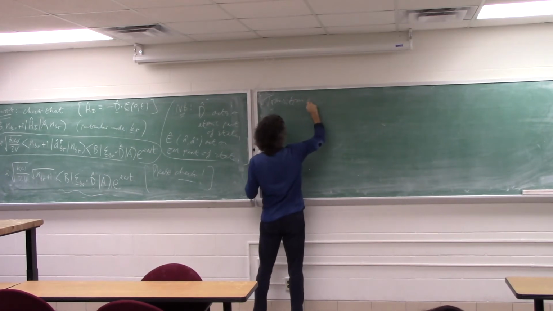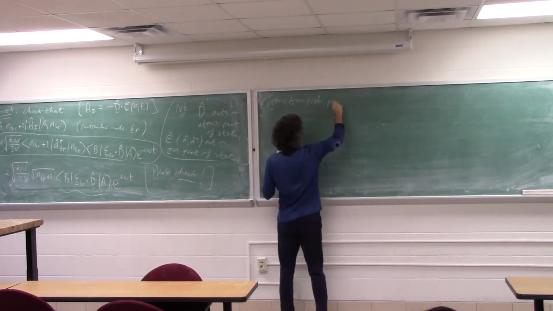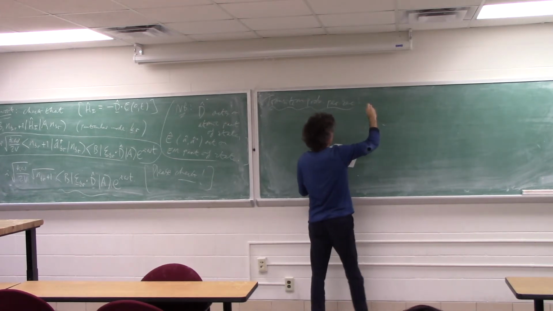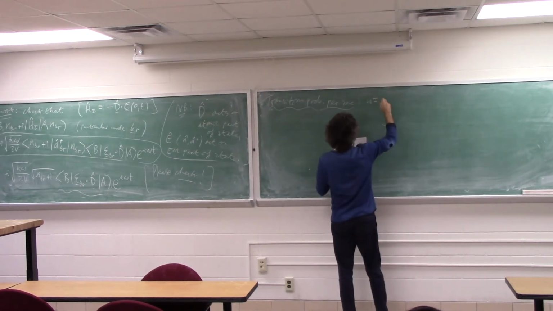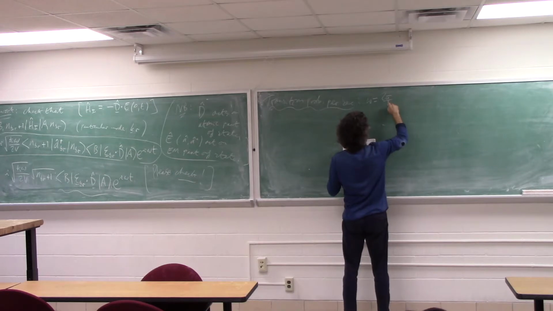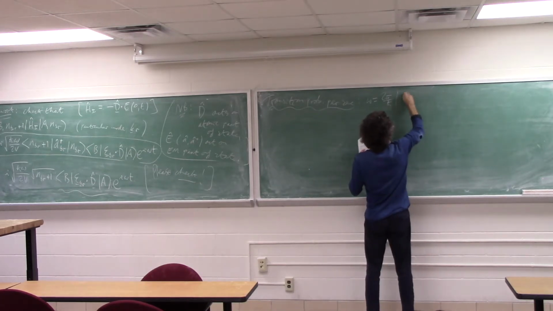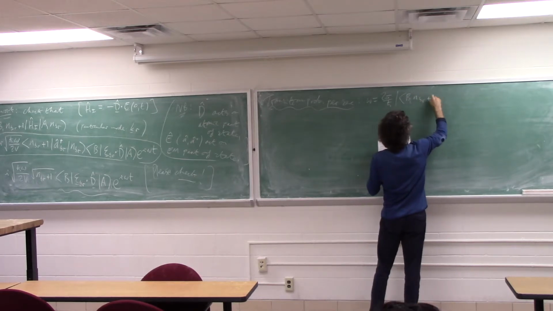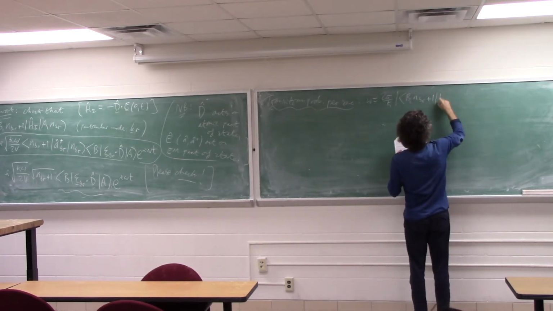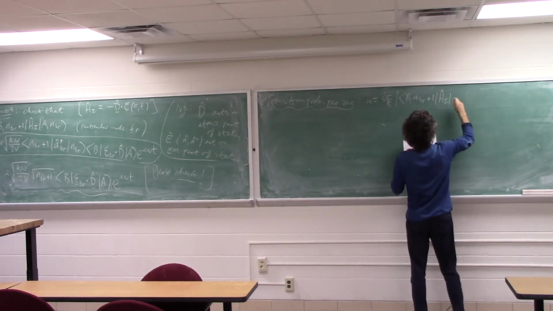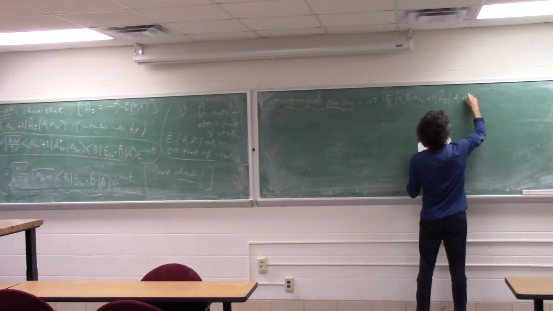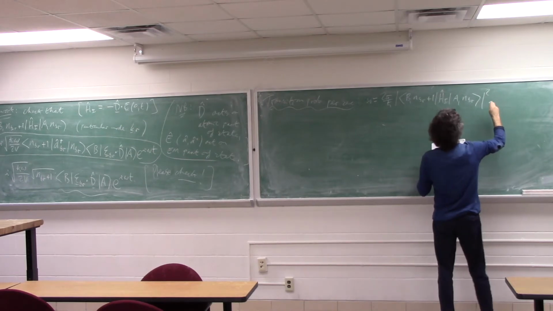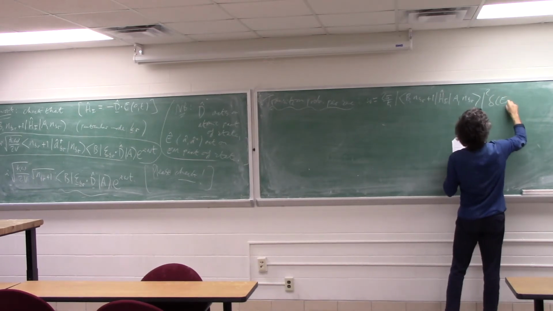So just taking over this result from time-dependent perturbation theory, we're going to need the modulus squared of the transition matrix element with the delta function here.